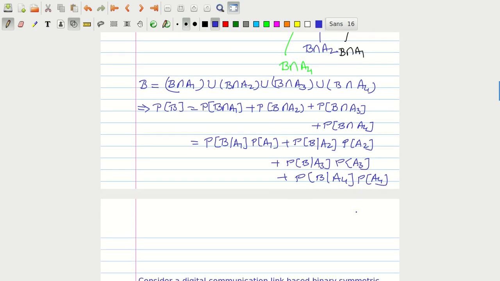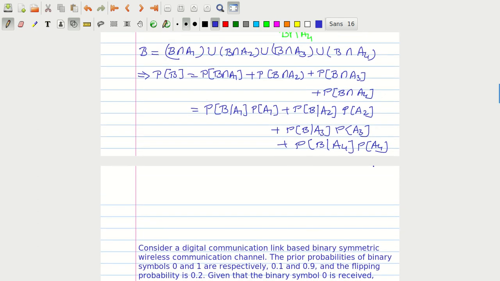This relation, in which we obtain the total probability of B, which may be caused because of A1 or A2 or A3 or A4, is called the total probability.